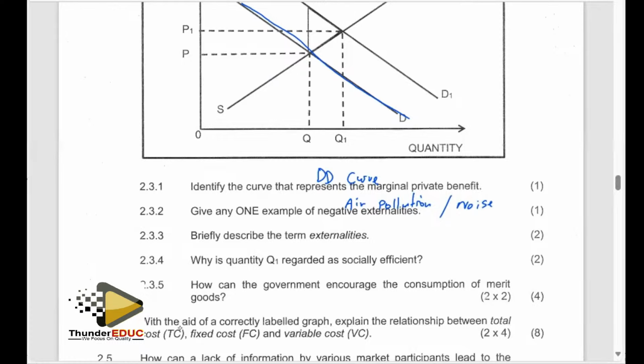We are saying that these are costs or benefits spilling over onto a third party not involved in an initial transaction.